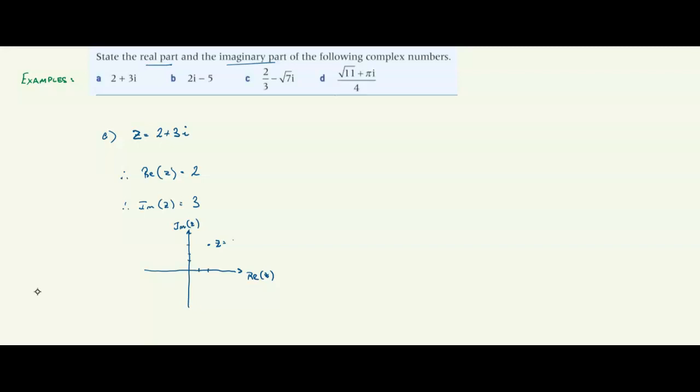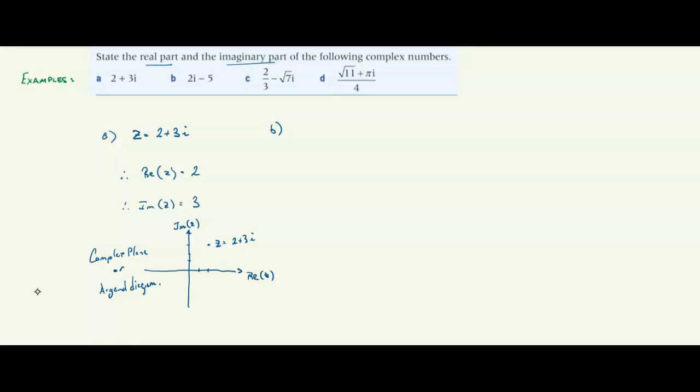Z equals 2 plus 3i. That's my point. This here is called either the complex plane or the Argand diagram. I'll leave that there for your consideration, but we'll look more closely at the Argand diagram in the next video.